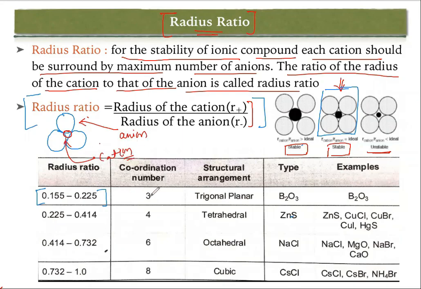Now how is the coordination number 3? If we look, one cation is surrounded by 3 atoms, right? So that's why the coordination number here is 3. Now the structural arrangement: if you see these 3 atoms, they are trigonal planar, right? So this is one trigonal planar, and an example is B2O3.